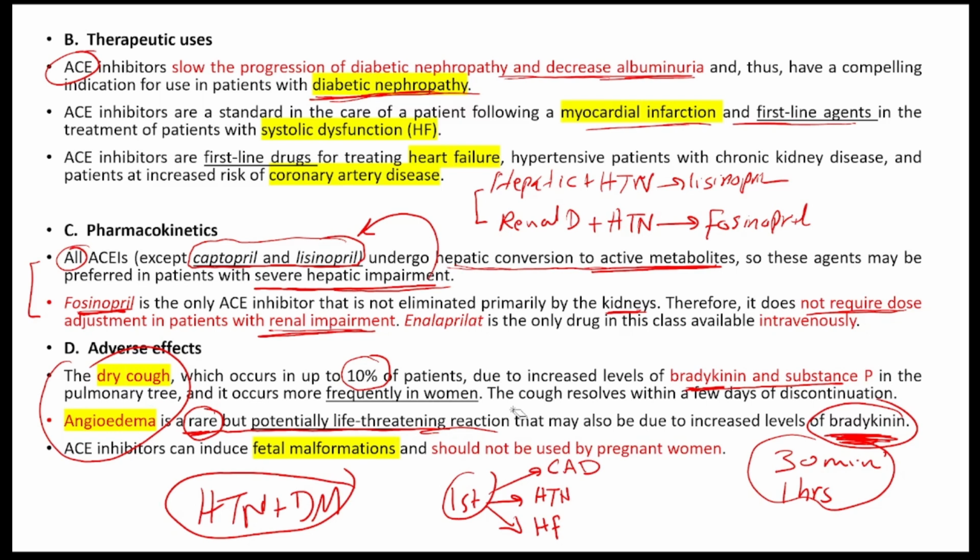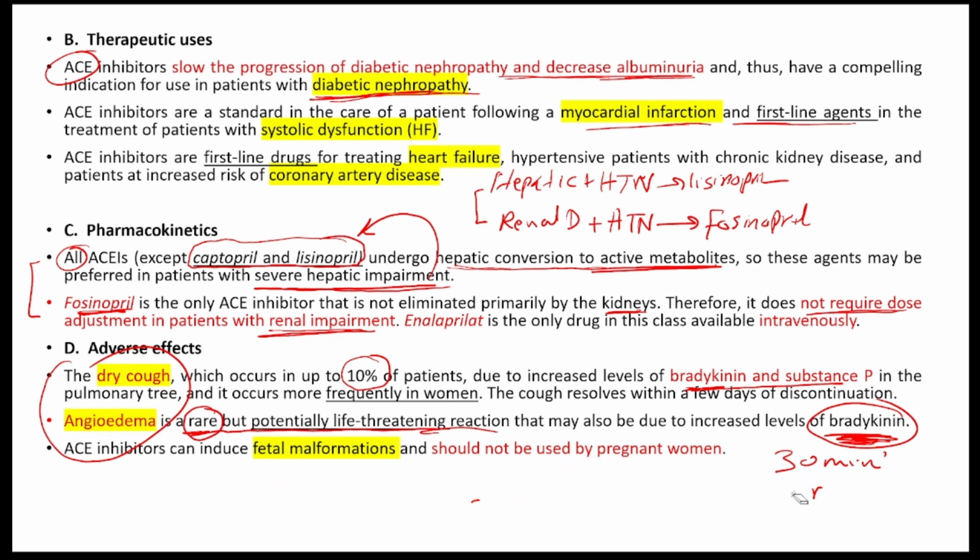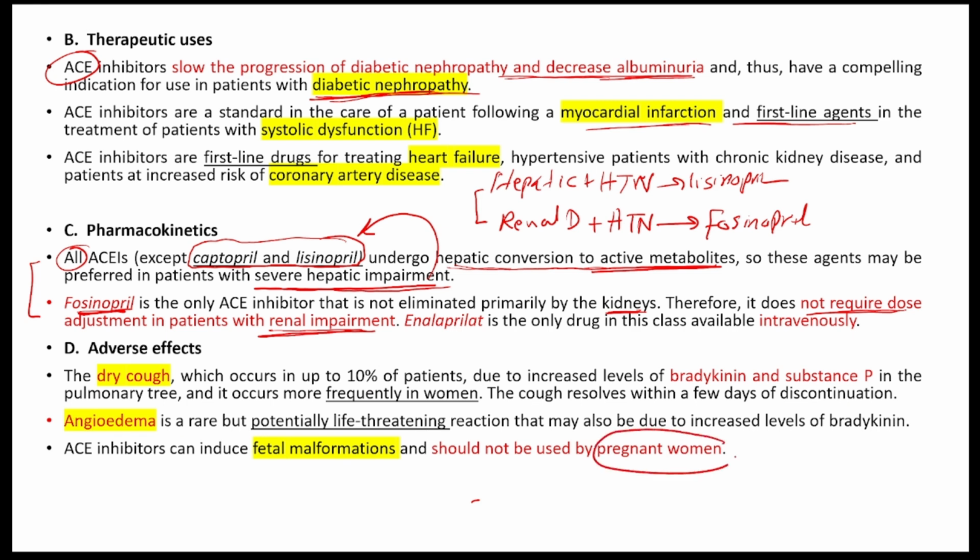Okay, moving to pregnancy now. We have a pregnant woman, for example, who suffers from high blood pressure. According to the medical literature, ACE inhibitors induce fetal malformation and are fetotoxic.